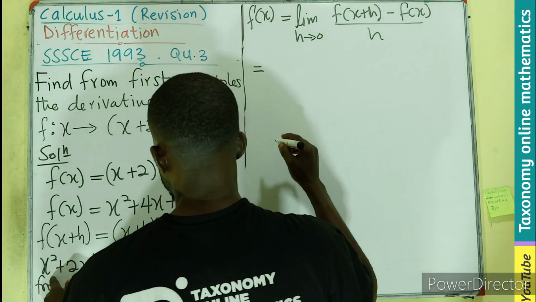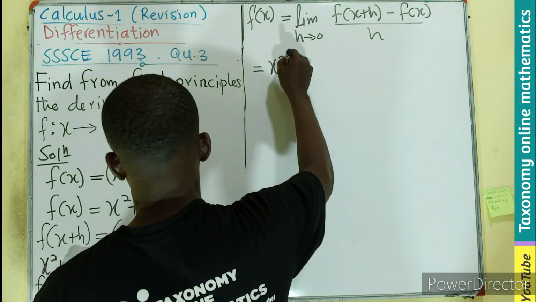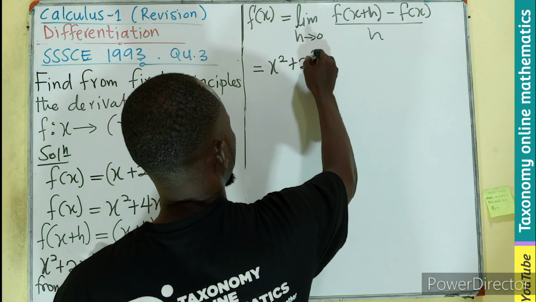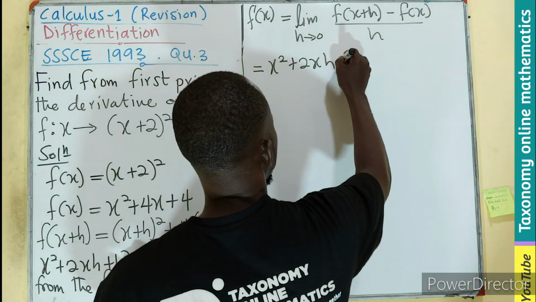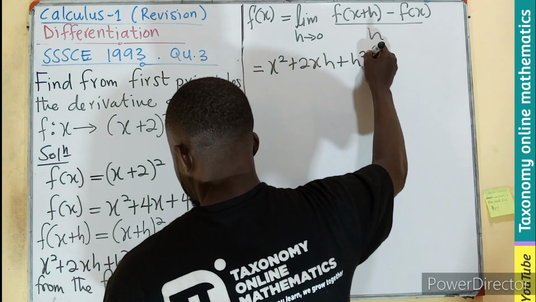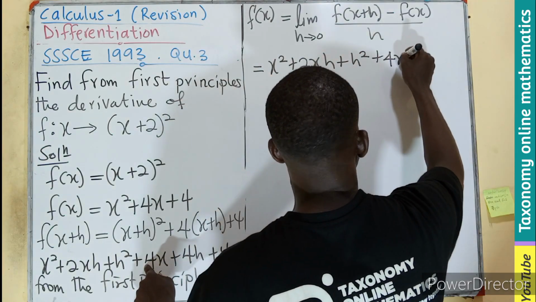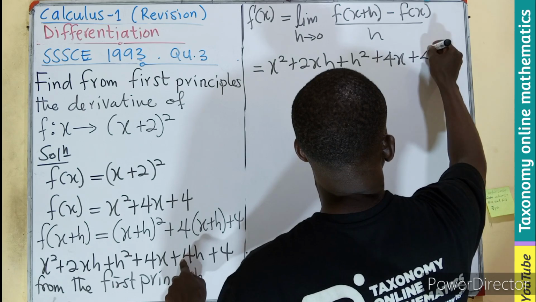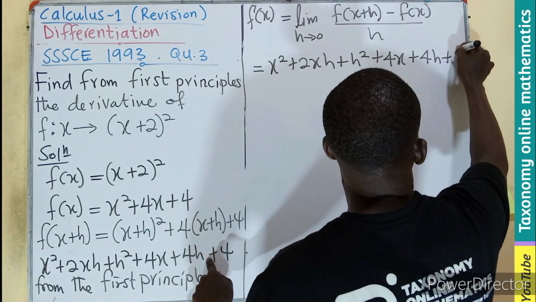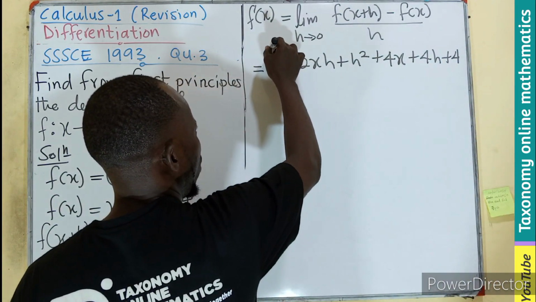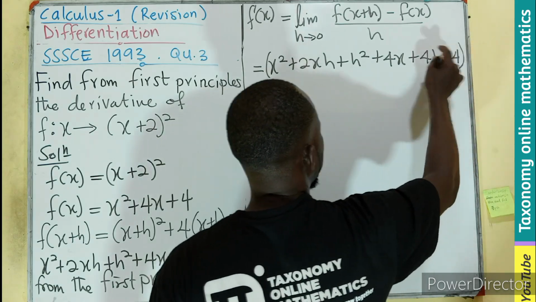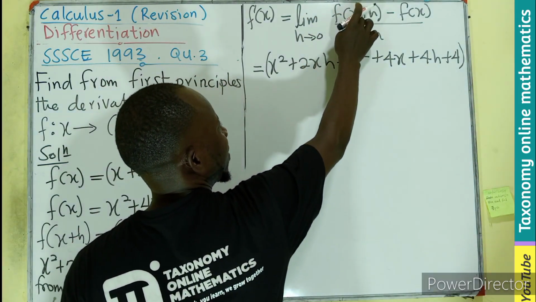The board is not big enough, but we have x squared plus 2xh plus h squared plus 4x plus 4h plus 4. The whole of this represents this, right?